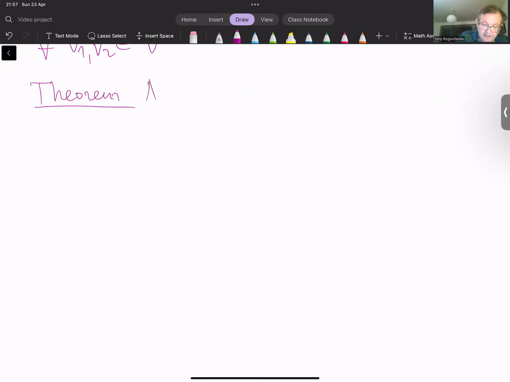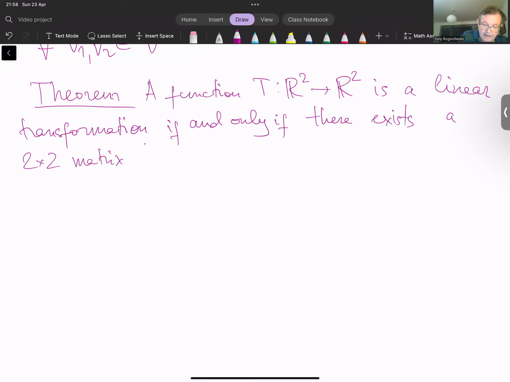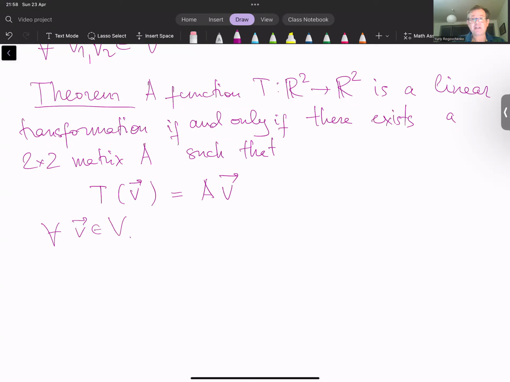And the theorem says that a function T, which maps the Euclidean plane R2 onto itself, is a linear transformation if and only if there exists a 2 by 2 matrix A such that if we take the vector v and apply T to that vector, then the result is equal to the product of the matrix A and the vector v, and this holds for any vector v which we pick in the vector space V.